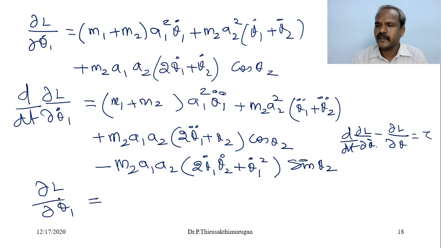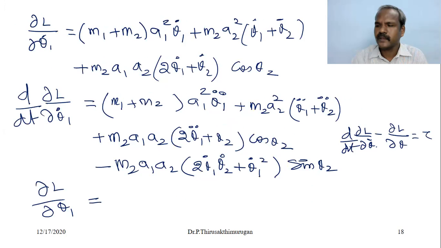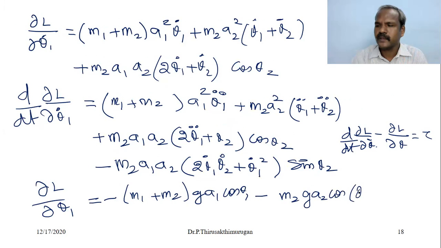So we have to find dou L by dou theta 1. So dou L by dou theta 1, if you differentiate the L expression, okay, simply with respect to theta 1. So what we get? So we will be getting minus of m1 plus m2 g a1 cos theta 1 minus m2 g a2 cos of theta 1 plus theta 2.